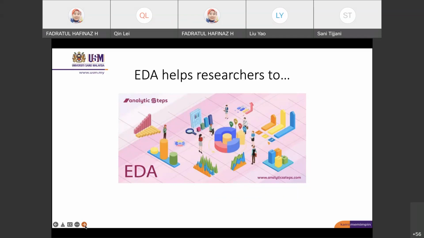To uncover the underlying structure of the data. EDA can also help you to extract important variables, to detect outliers or any possible anomalies, to test underlying assumptions, and to investigate interactions among the factors.